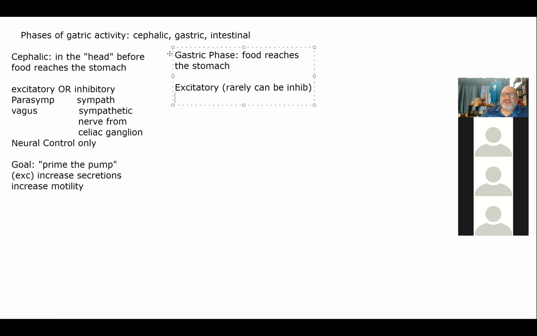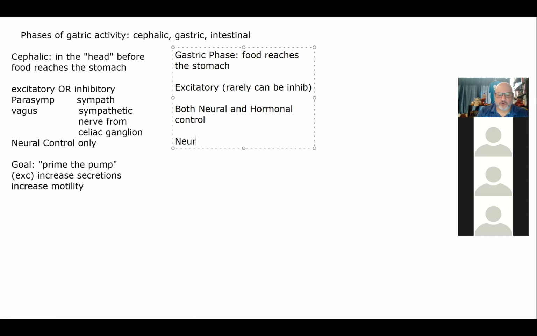And that excitation of the gastric phase primarily comes from what? Neural control or hormonal control, or both? Both, absolutely. Both neural and hormonal control.